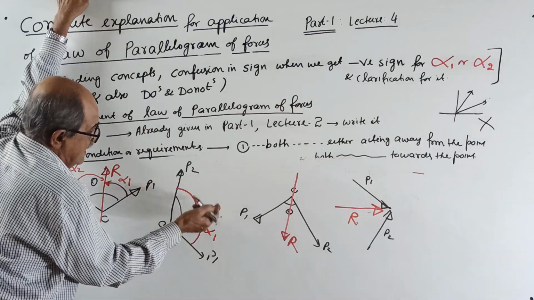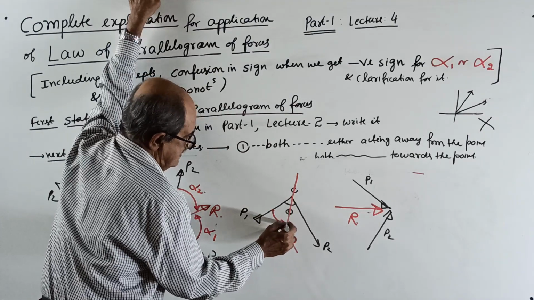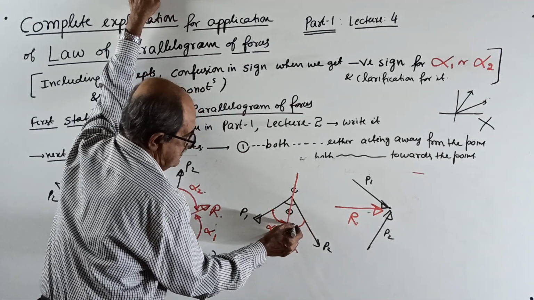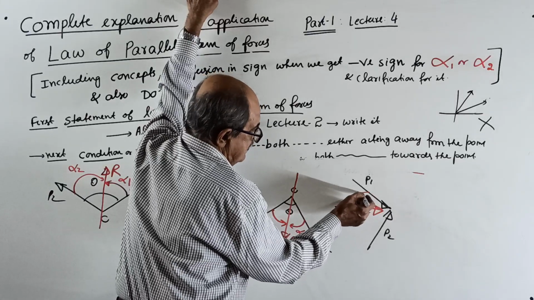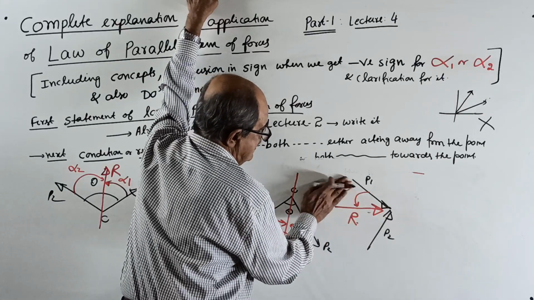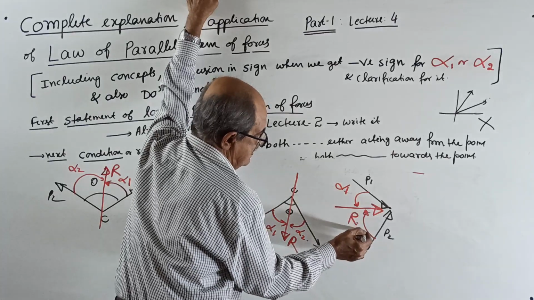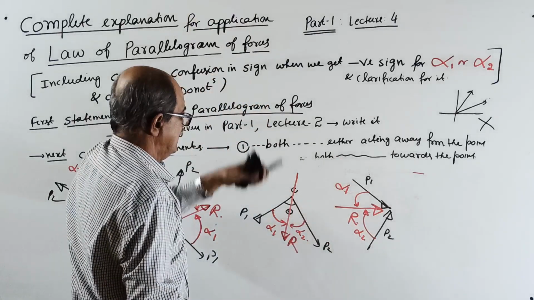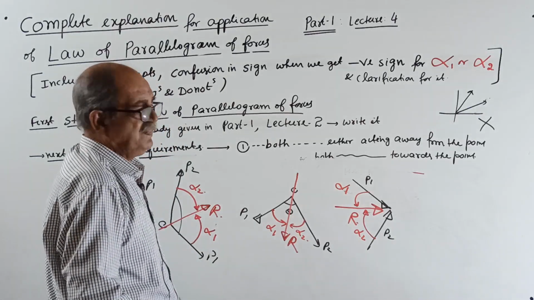Start from the force and mark the resultant. Alpha 2, this way. Never think that alpha 1 is anti-clockwise or clockwise, nothing like that.